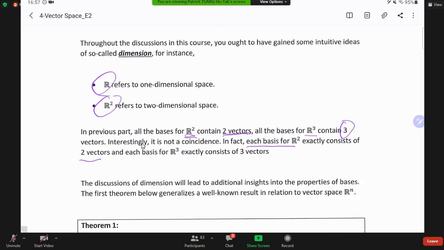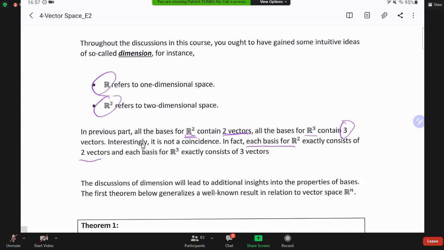So in general, if you have an n-dimensional space, the basis for this Rn space will have exactly n vectors.